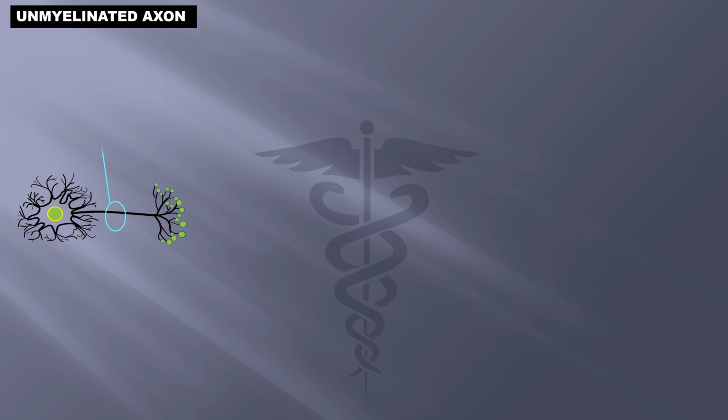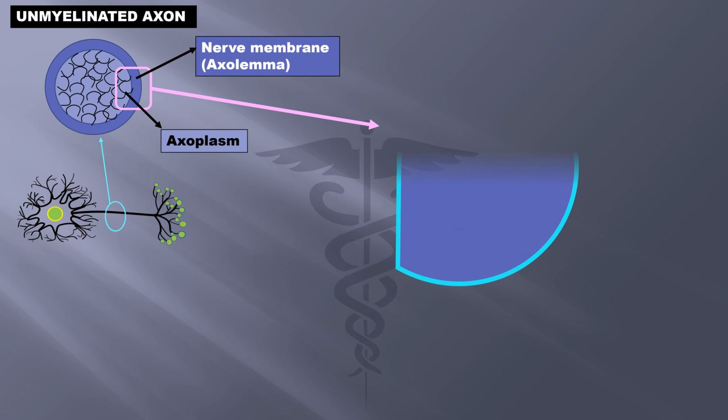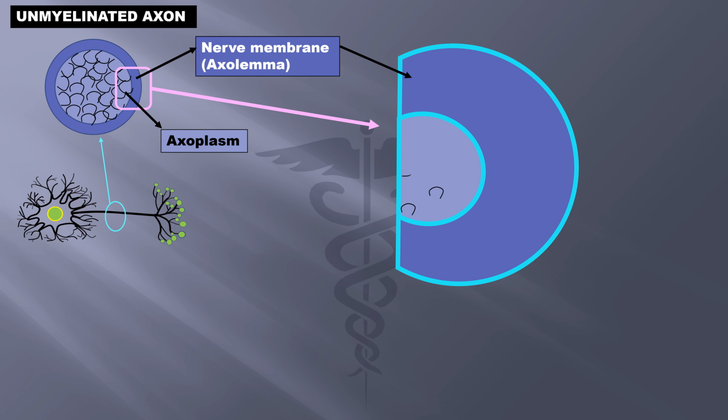This is an unmyelinated axon. You're going to take a cross section of it. This is the axoplasm in the middle, the nerve membrane. Take a section of this and enlarge it.